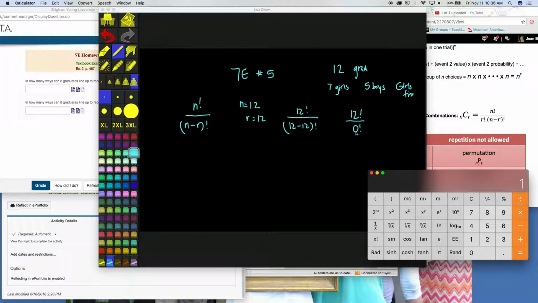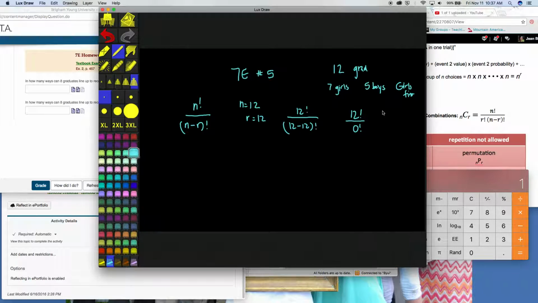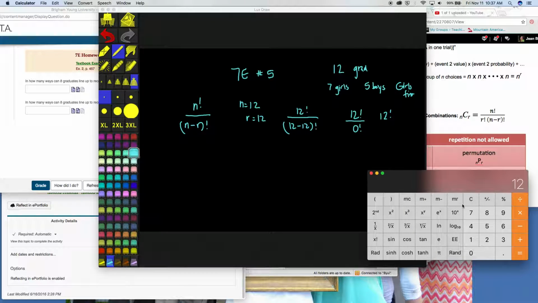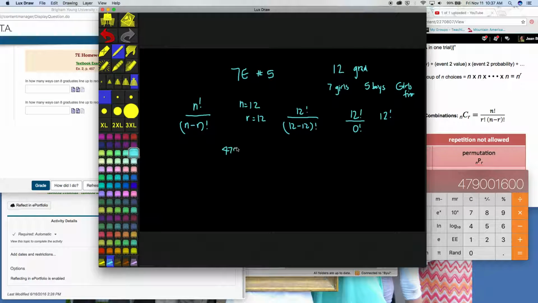Okay? 0 factorial is 1. So this is actually just 12 factorial divided by 1, which is just 12 factorial. So our answer here for the first part is going to be 479,001,600.